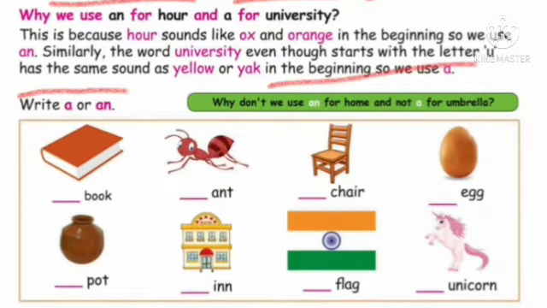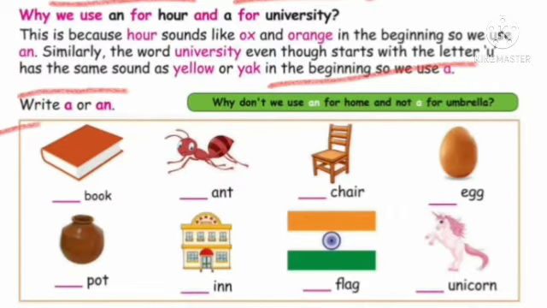Have you understood, children? Write a or an. Okay, look over here, children. There is a green box, or you can say green bubble. What is written in this bubble? Why don't we use an for home and a for umbrella? Here H is producing the h sound. That's why we are not using an.